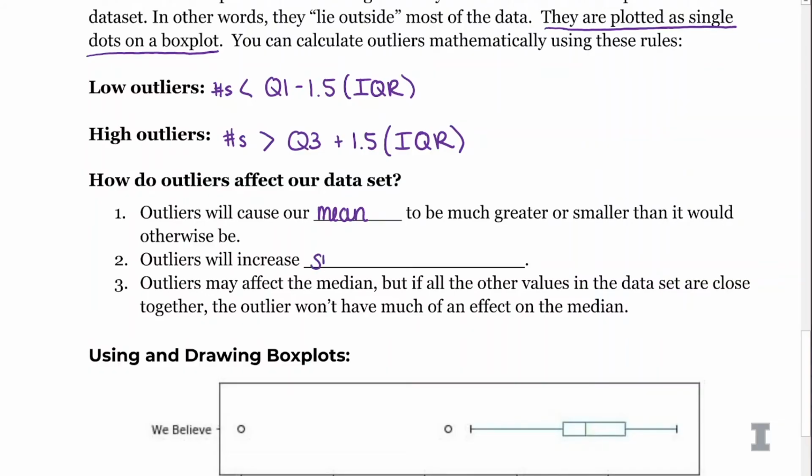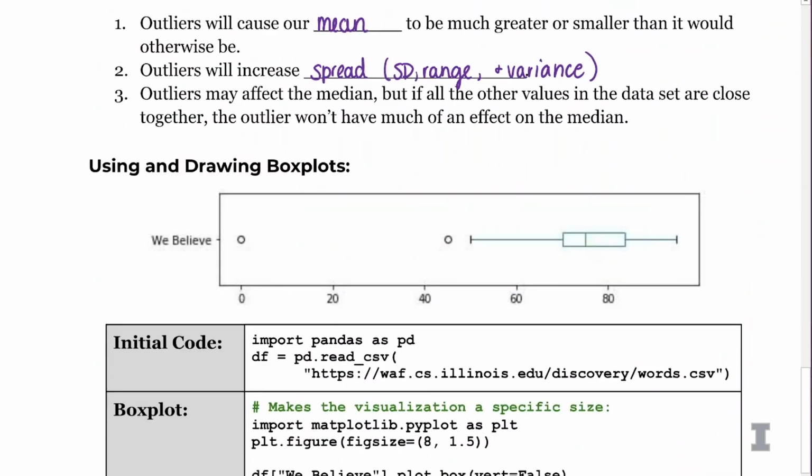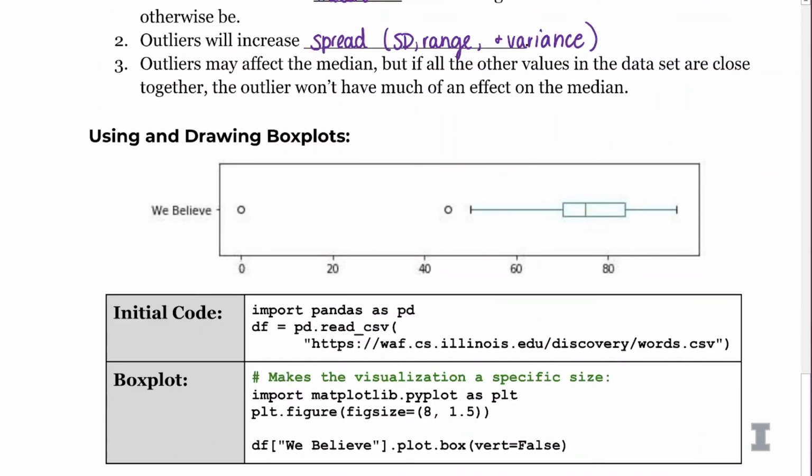Outliers will also increase our spread, so our standard deviation, range, and variance. They definitely increase our spread. And outliers may affect the median, but if all the other values in the data set are close together, the outliers generally don't have as much of an effect on the median as they do on the mean.